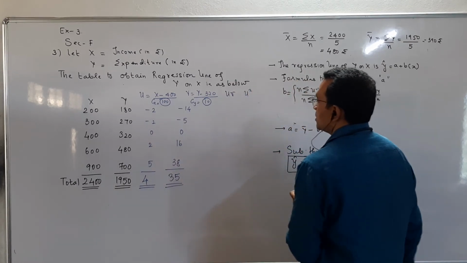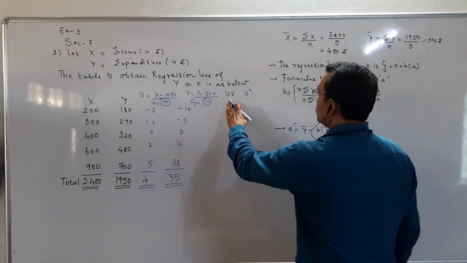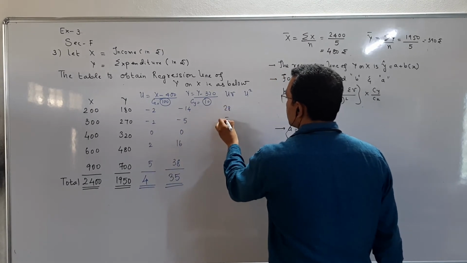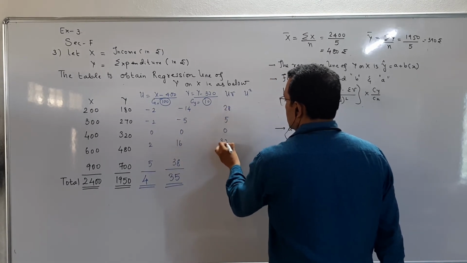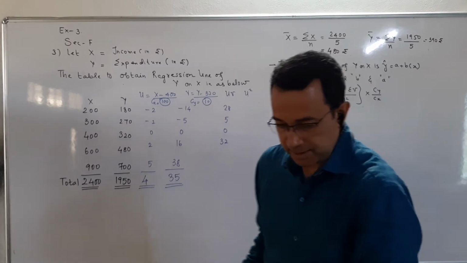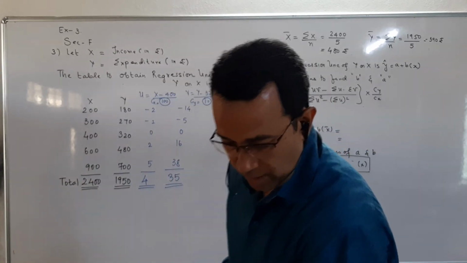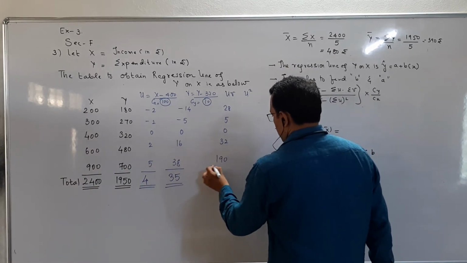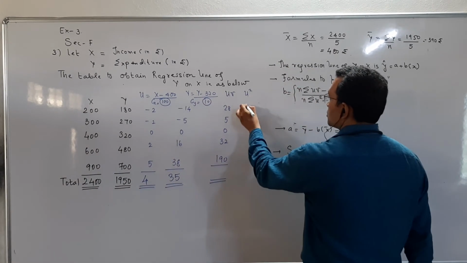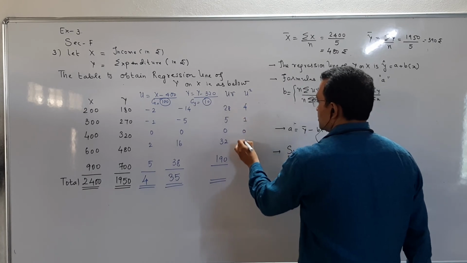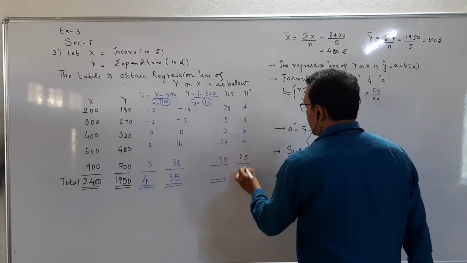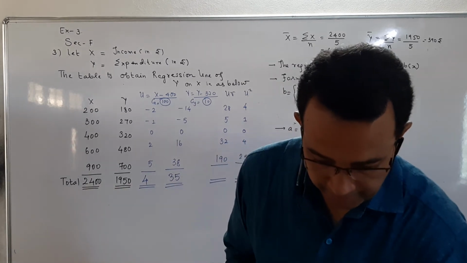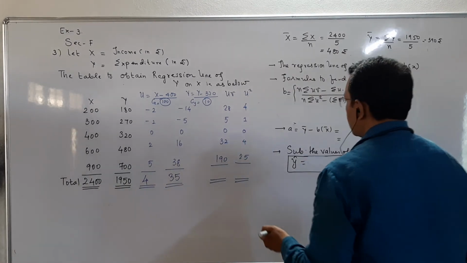Now students, u into v: minus 2 into minus 14, so plus 28, plus 5, 0, 32 and 38 into 5, that comes out to be 190. And u square: minus 2 square is 4, 1, 0, 4 and 25. So if I total uv students, I am getting 255.